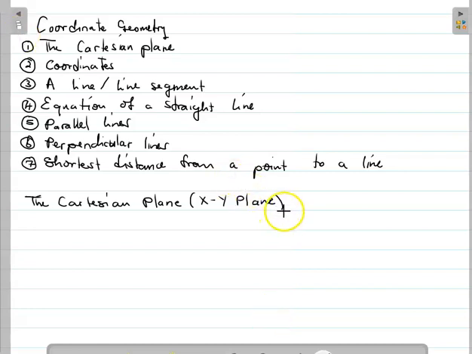Now, what do I mean by other planes? Sometimes you can draw a graph in which you are comparing maybe speed and time, where time is horizontal and speed is vertical. That's a plane too, but everything from there is derived from the XY plane that we are looking at today, right?